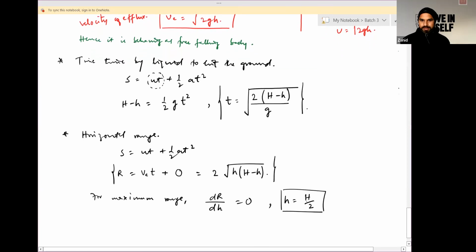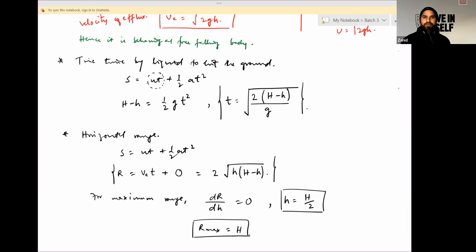So related to this, range will be R max equals H. You'll be asked directly, if a tank is of 4-meter height or 2-meter height, at which point a hole should be made to have maximum range. So just remember this particular relation.